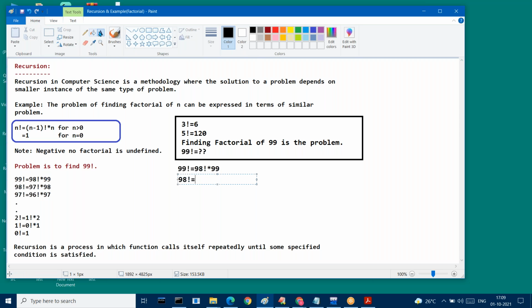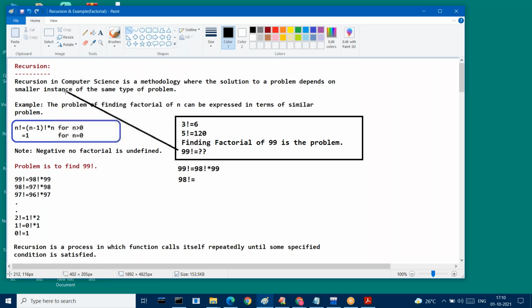So you see, you started with 99, and currently this is your problem. So your problem size becomes smaller or not? And same instance means it is factorial, it is also factorial.